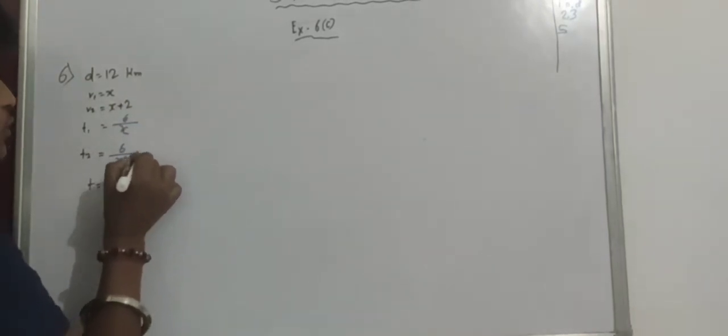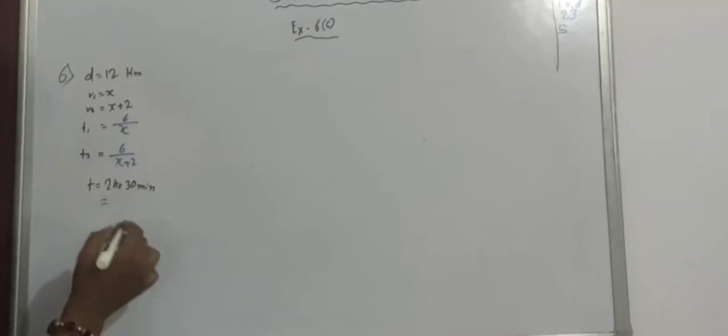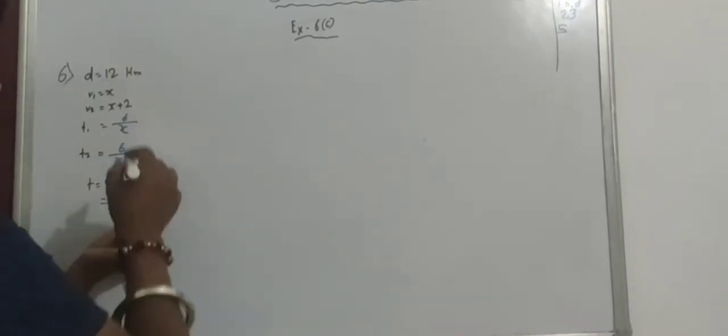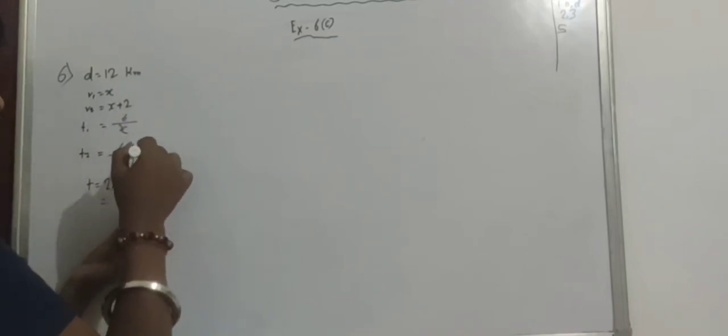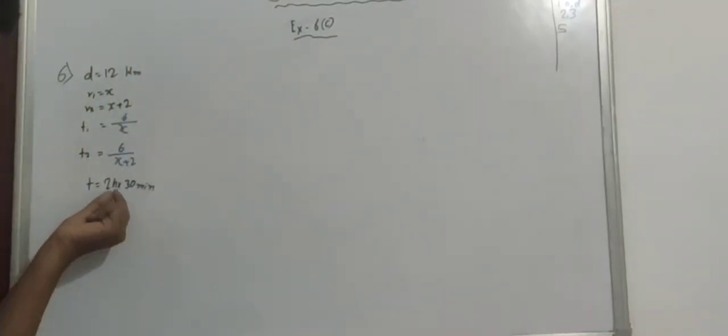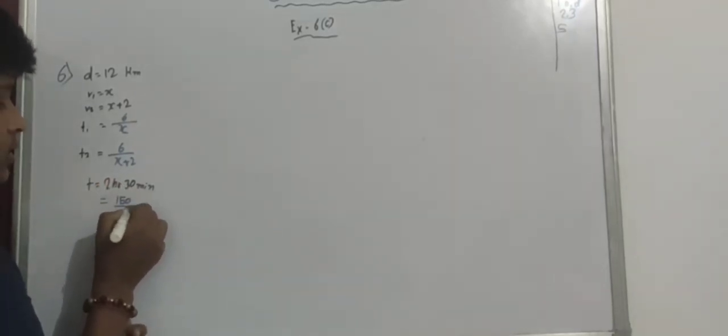The total time taken is this. You can see that it is in hours and minutes, and the distance is in kilometers with speed in kilometers per hour, so you have to convert this into hours. This will be totally 150 minutes. To convert it into hours, you have to divide by 60.